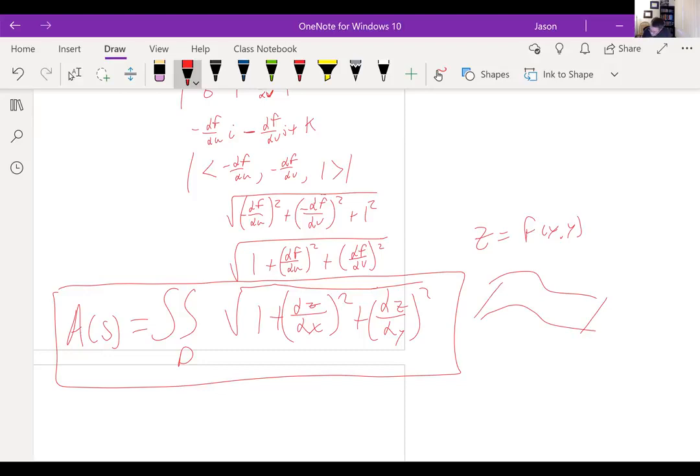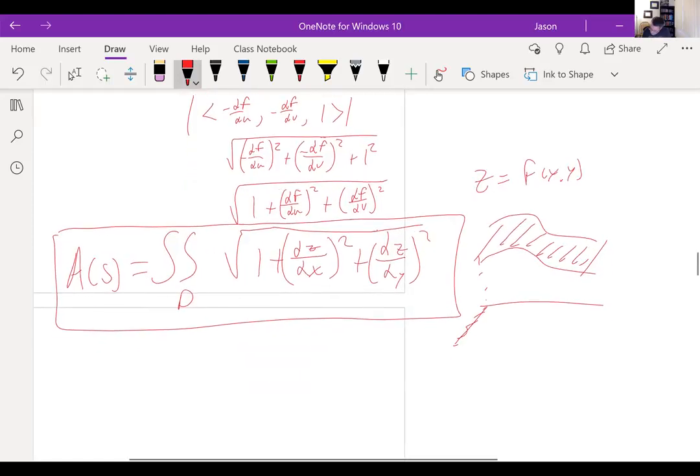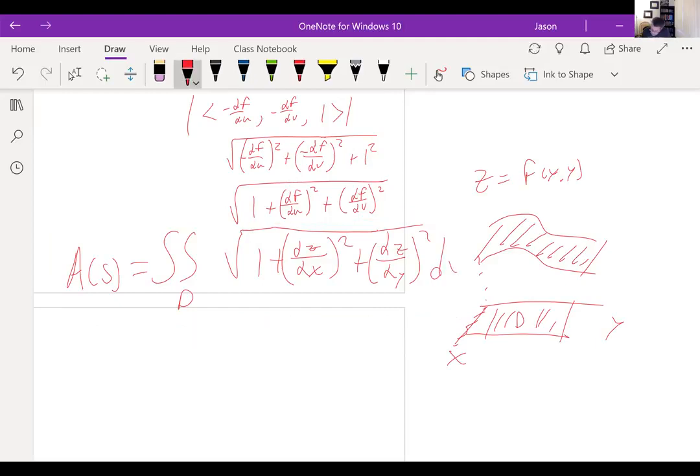Well, it's the projection of this sheet onto the xy plane, in some domain D. In that domain we take the double integral of dA, which would be in terms of just dx dy.